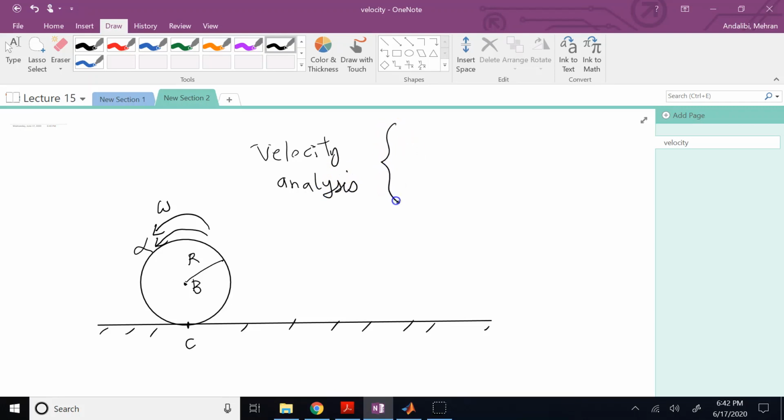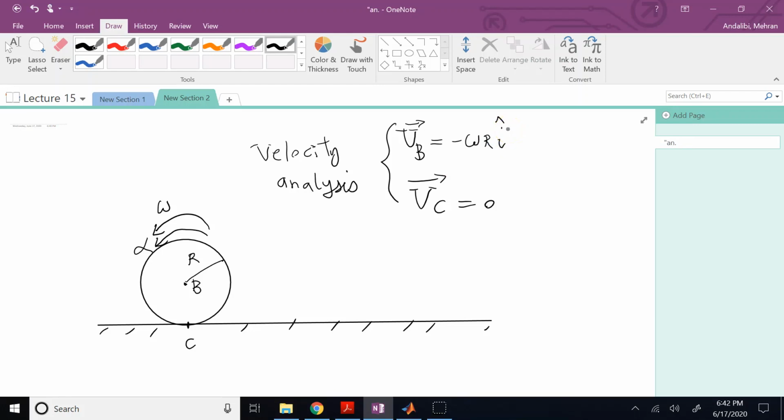We found that V of the centroid is negative omega r times I. And we found that V of point C is equal to 0, if you remember, right? This is what we have achieved last time.